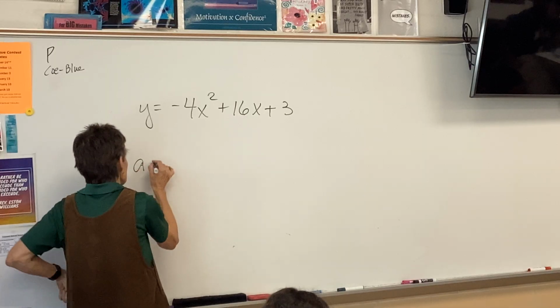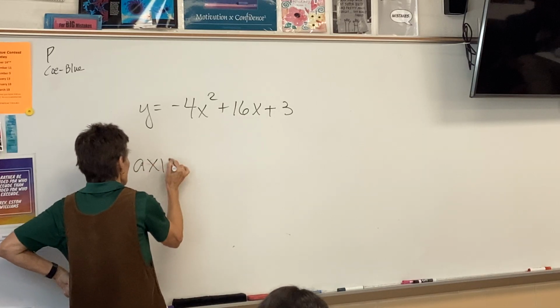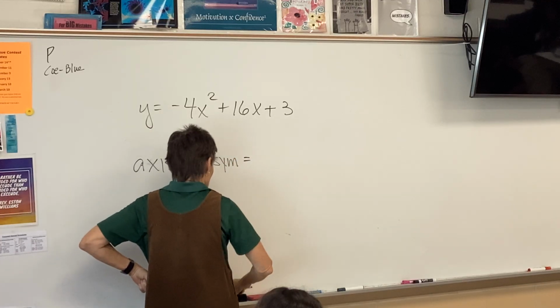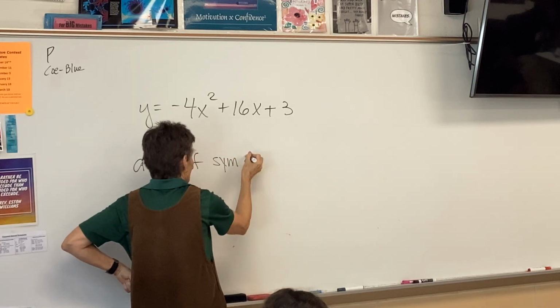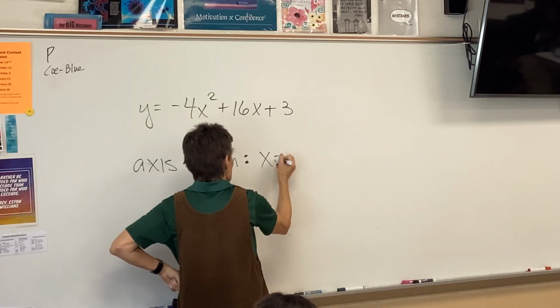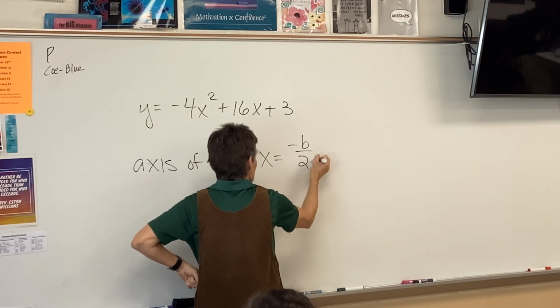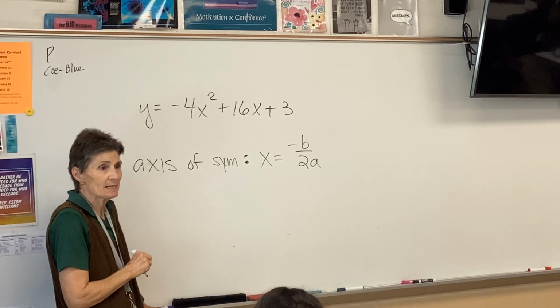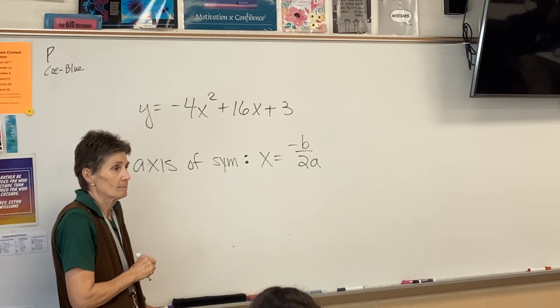The axis of symmetry formula is x equals negative b over 2a. Have you heard that before? Yes. Negative b over 2a.